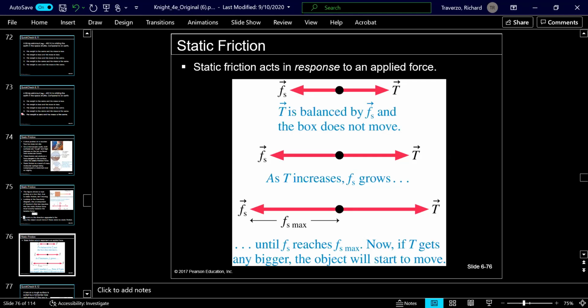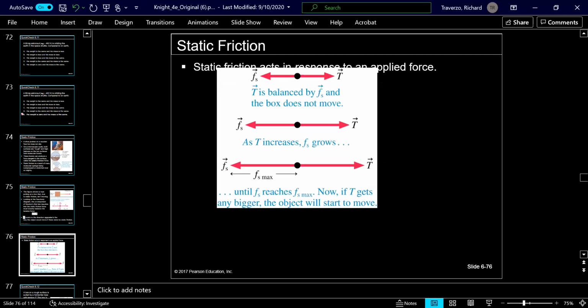So, Bob is pulling a 30 kilogram filing cabinet with a force of 200 newtons, and it won't move. So what is this friction force that's being applied to it if the coefficient is 0.8? This is number 6.32. The problem is easy enough to draw.